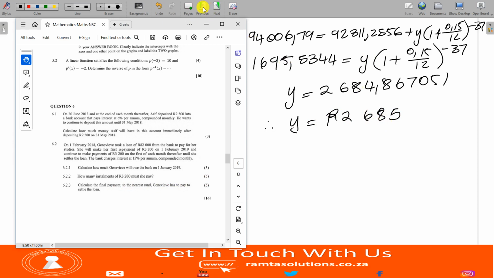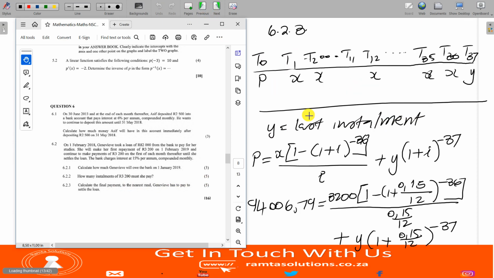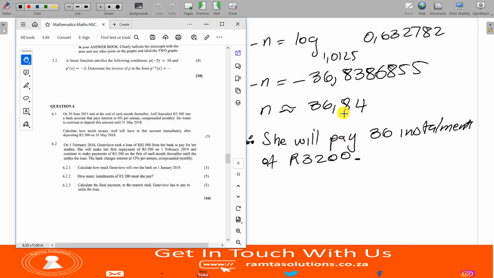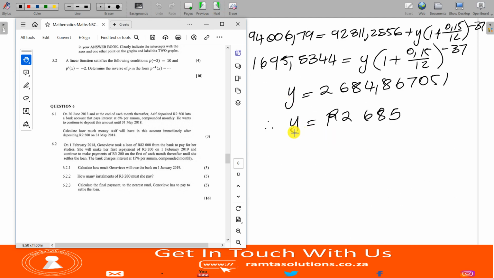Do you see why I said she was making 36 payments of 3,200, and the last payment will be less than the 3,200? Indeed, it is less than that. There is a second method of answering this question, but I prefer to use this one. I call it easy.